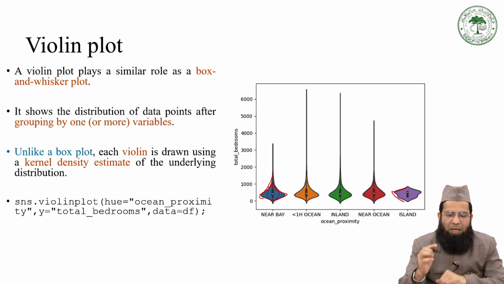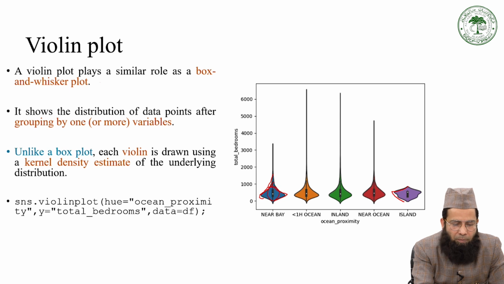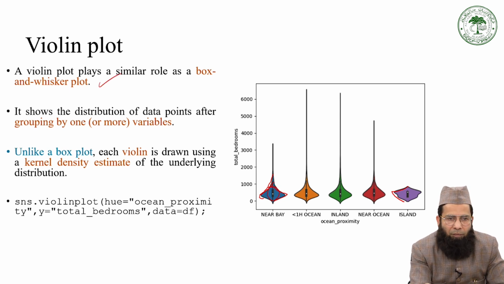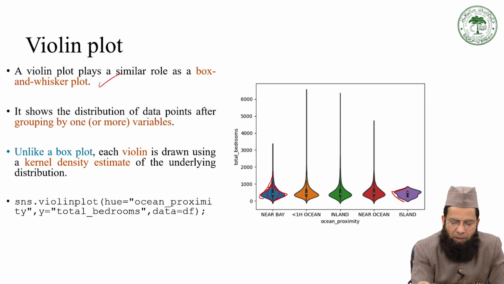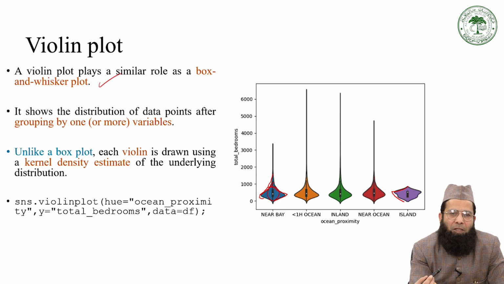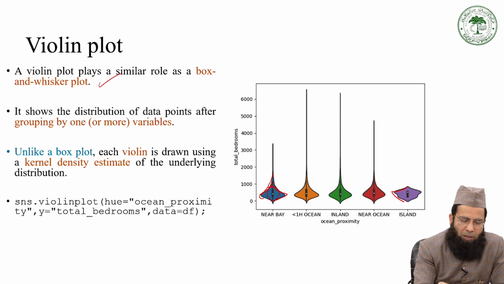A violin plot plays a similar role as a box and whisker plot. It shows the distribution of data points after grouping by one or more variables. So here we are grouping based on ocean proximity. Unlike a box plot, each violin is drawn using a kernel density estimation of the underlying distribution. So it actually draws the kernel density estimation as well. So how to draw this violin plot?